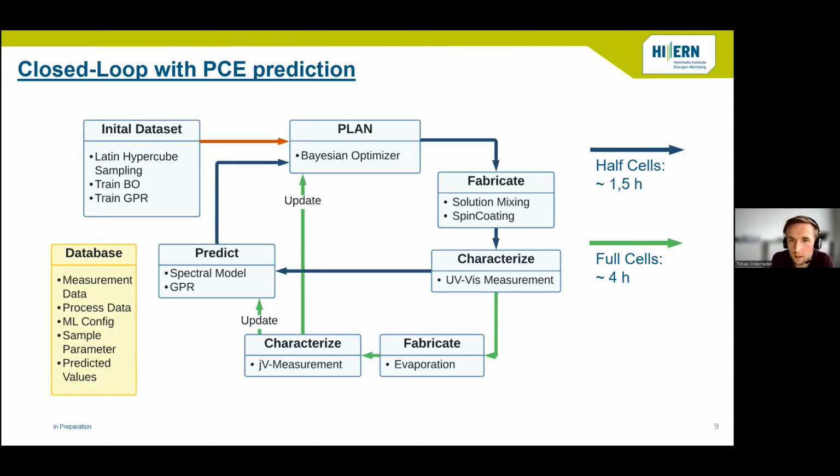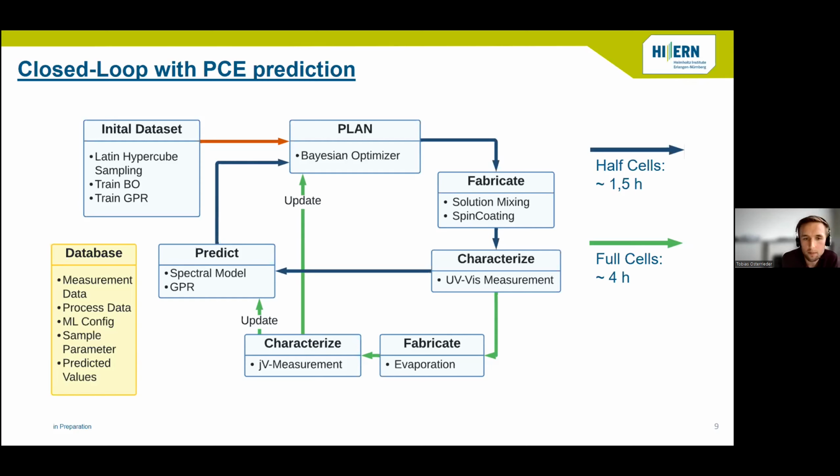Again, it will give us some new samples, which line 1 will then fabricate. After the spin coating of the active layer, we measure the absorption. With the absorption data, we feed this into our model and predict the efficiency, which we then feed back to the optimizer. So instead of taking 4 hours for one iteration, we can reduce this time to roughly 1.5 hours.